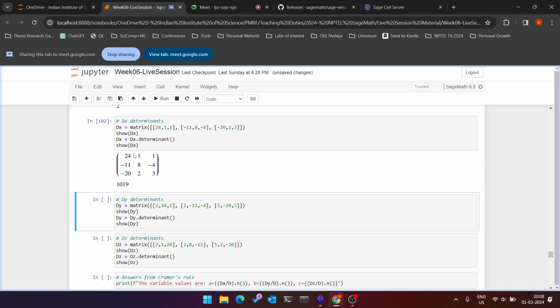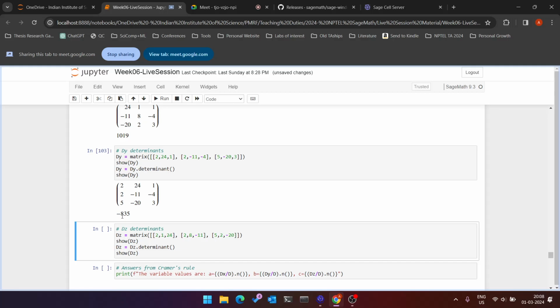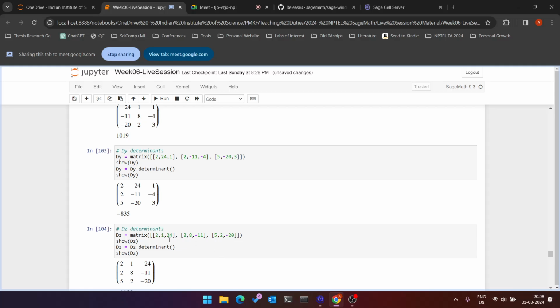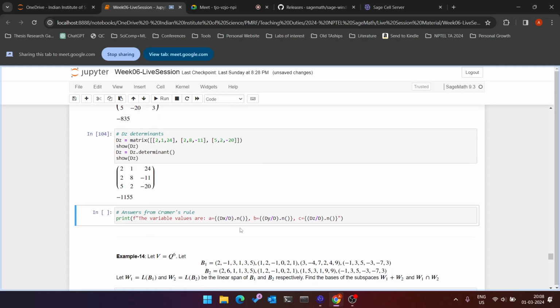So this becomes the matrix corresponding to A and its determinant. Similarly, I define a matrix corresponding to B, second column, and its determinant. I do the same thing for C, third column, and its determinant. Then I can calculate my variable values from Cramer's rule as dx by d, dy by d, and dz by d respectively.